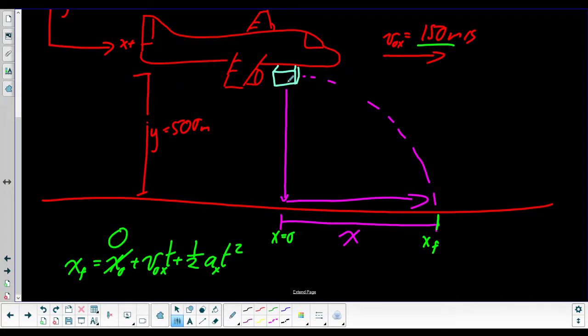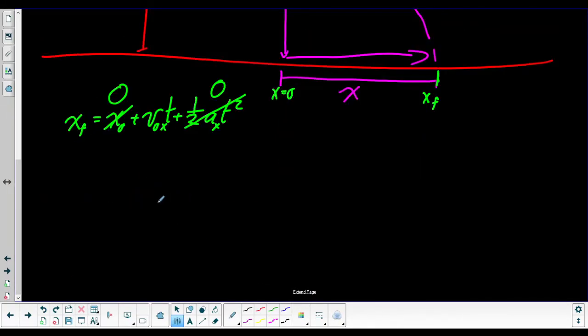There's nothing pushing it back or pushing it forward. So our acceleration is 0. So our x displacement equation simplifies a lot. Our final x position equals our velocity in the x direction times time. Okay, that looks good to me.